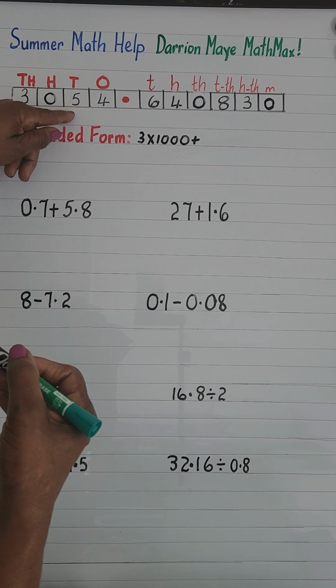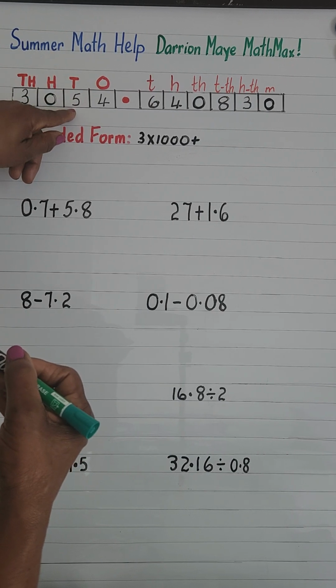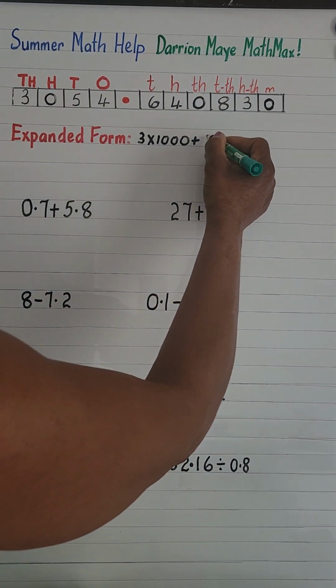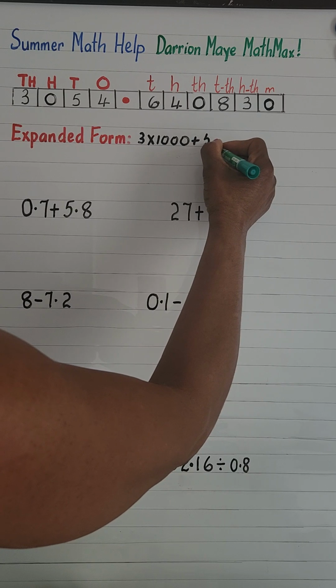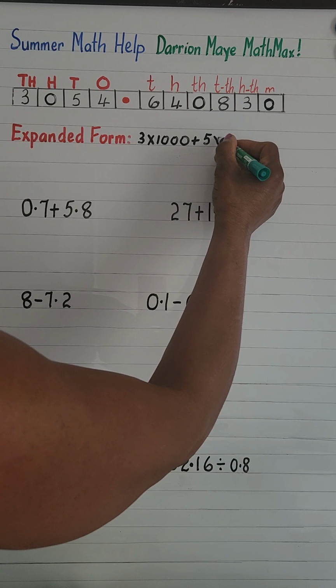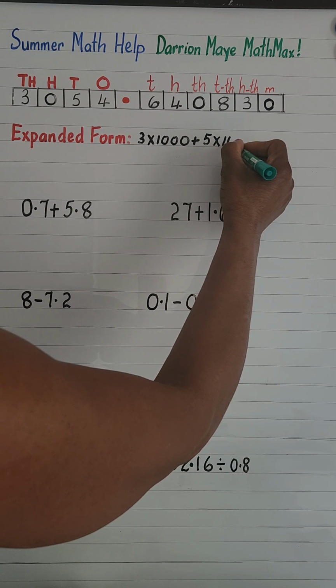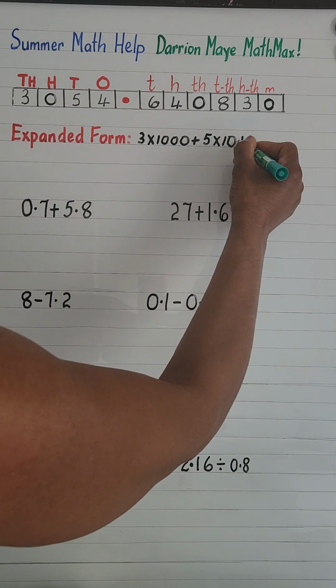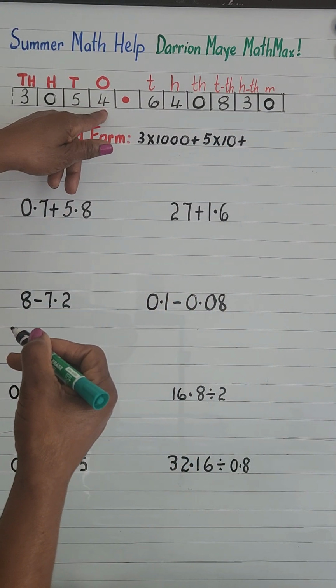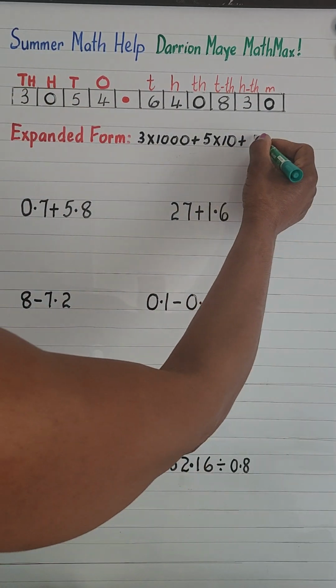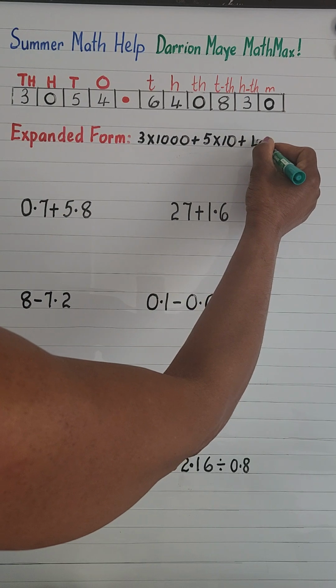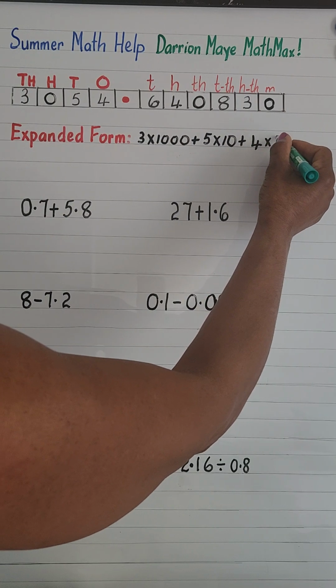Then we have the tens, 5 times 10, plus we have a 4 in the ones, so that will be plus 4 times 1.